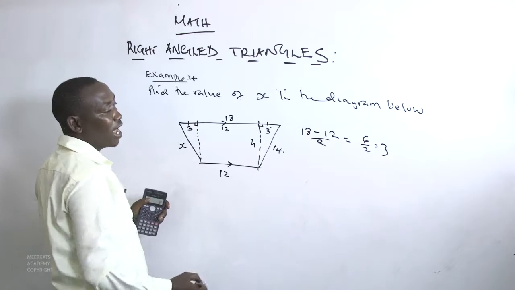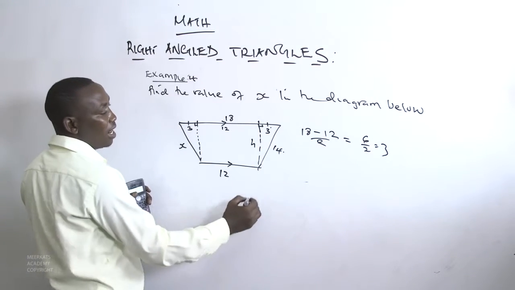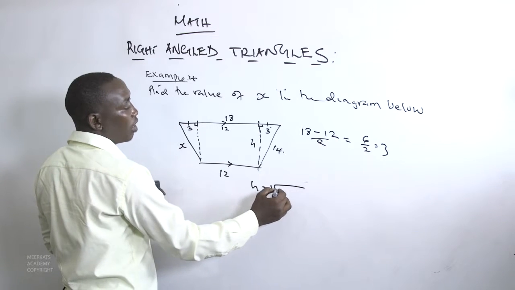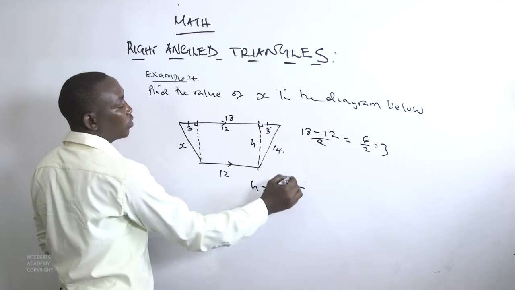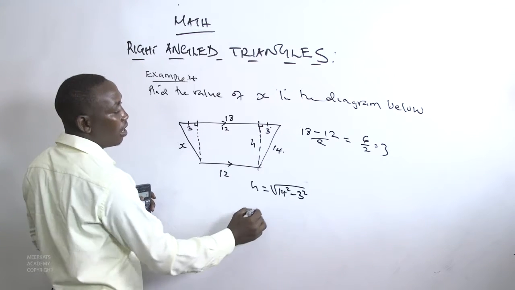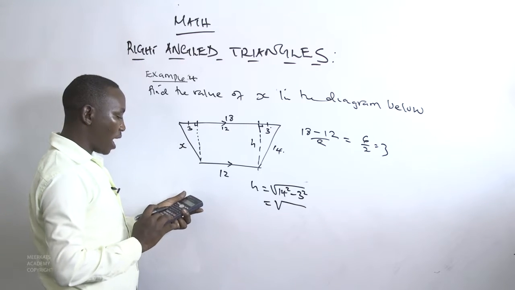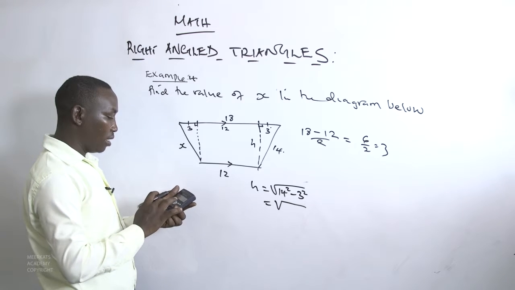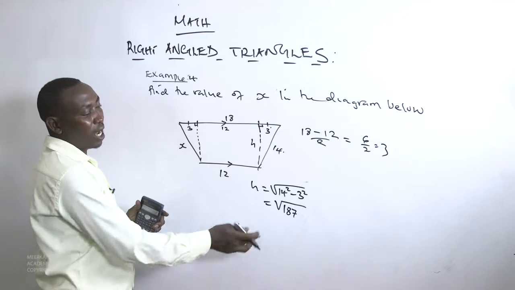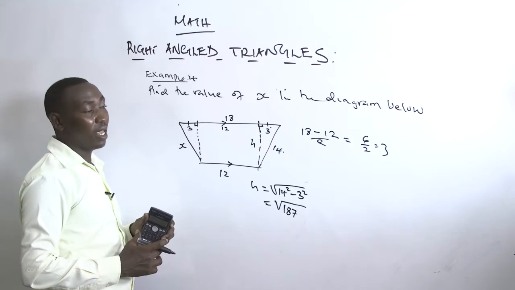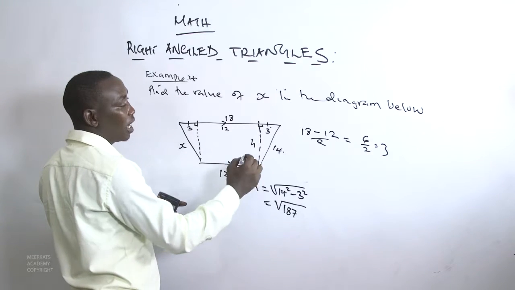So we can find h of this particular triangle first, and our h will be given by the square root of the longer side squared, subtract the square of the shorter side, which will be equivalent to the square root of 14 squared minus 3 squared, which is 187. And because the square root of 187 will be an irrational number, and we want it to be exact, you can leave it as that.